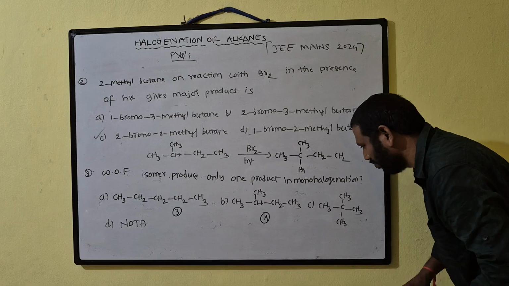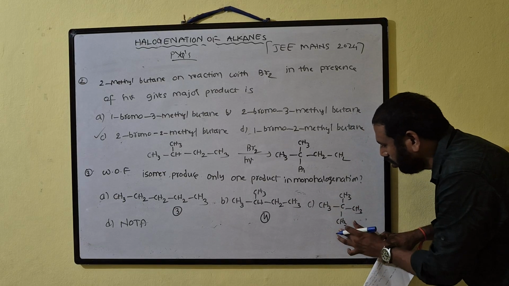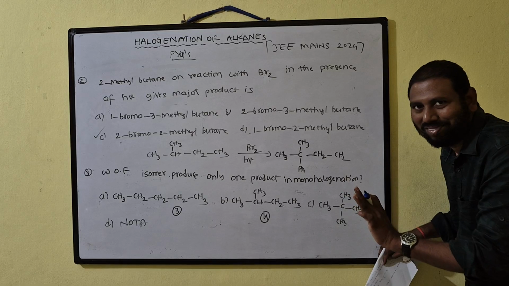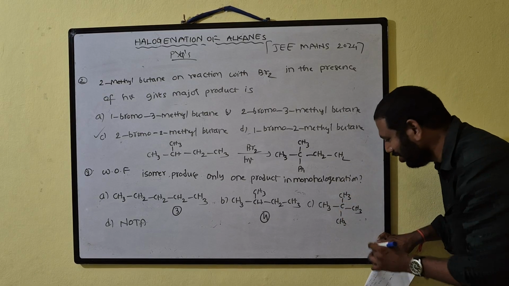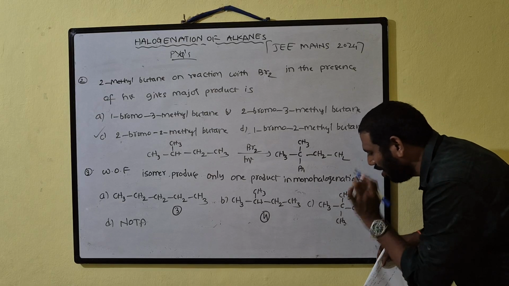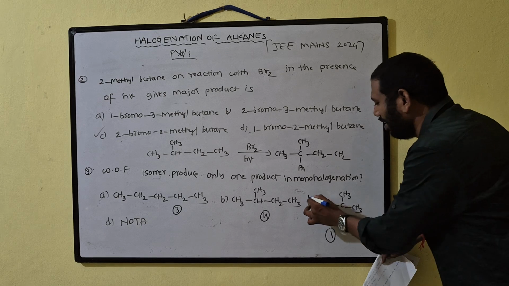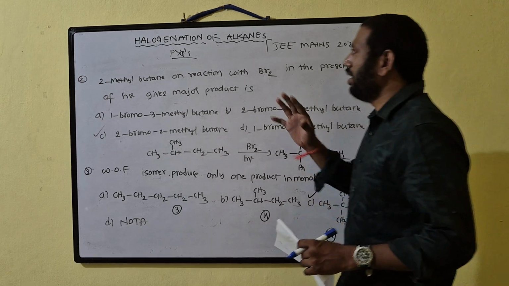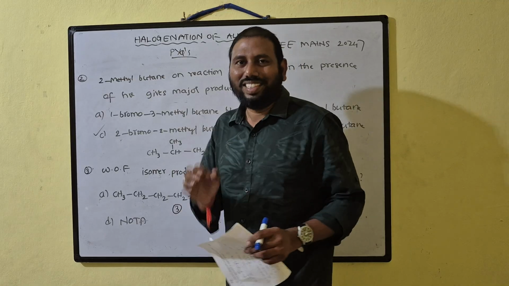Coming to option C, here there are 4 symmetric carbons, and there are no hydrogens at the central carbon. So it forms only one product in halogenation. So option C is the correct answer. In this way, we can explain the halogenation of alkanes and arenes. And thank you for watching.